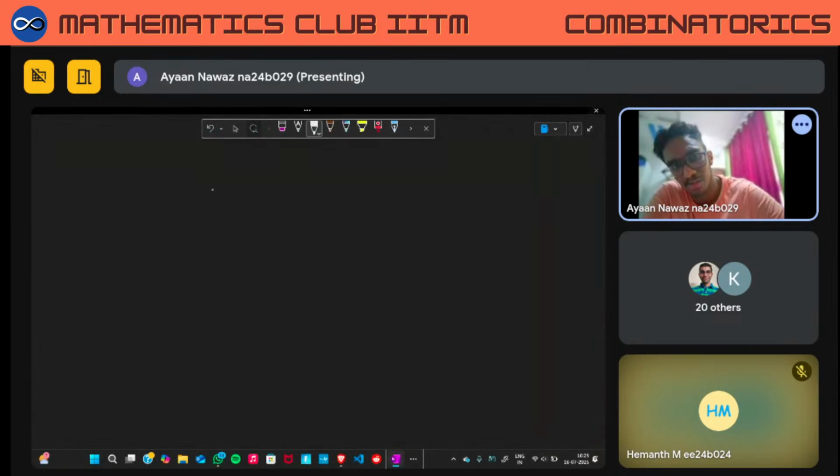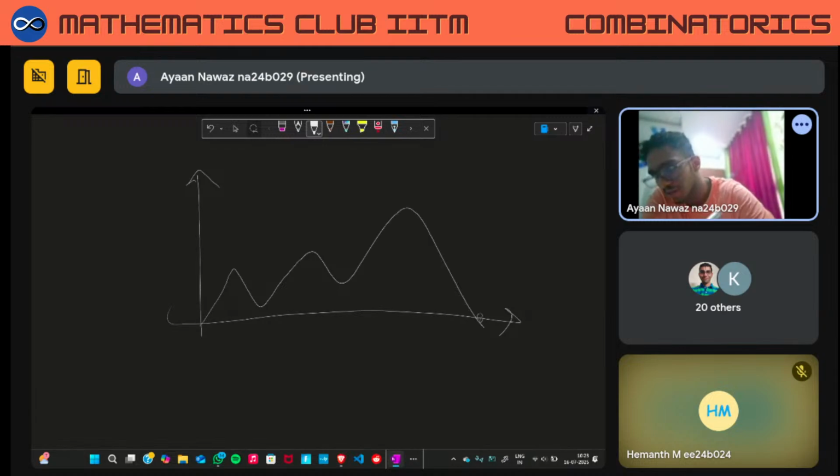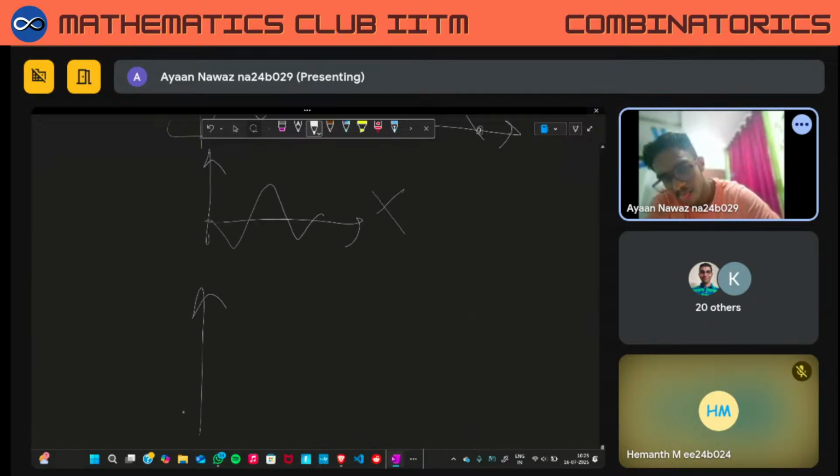So this would be an example of a Dyck path. And this is not an example of a Dyck path, and neither is this, because this is the x equals y diagonal. It cannot go above that.